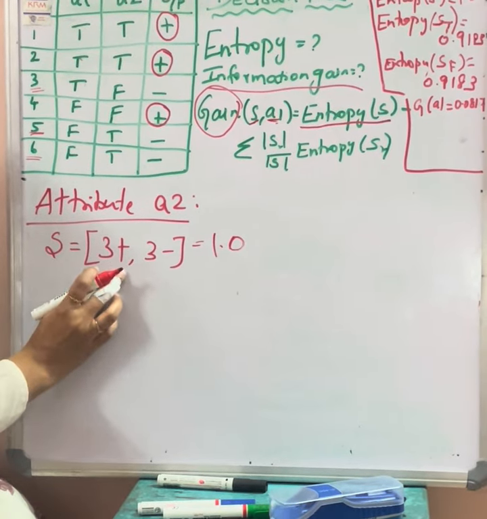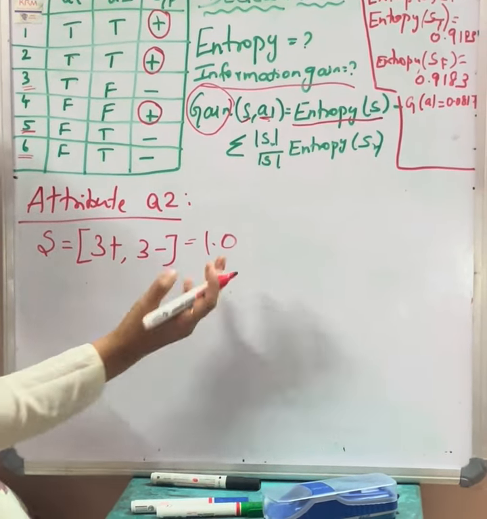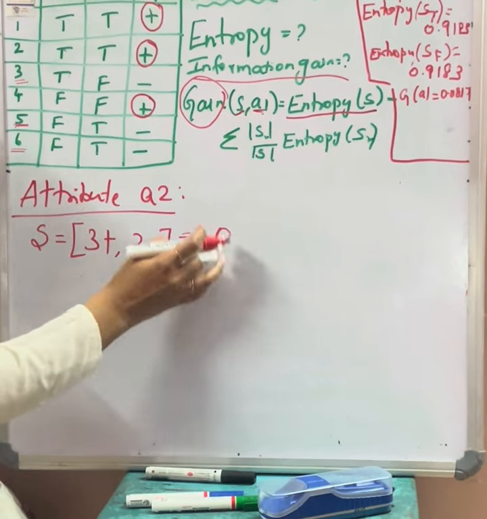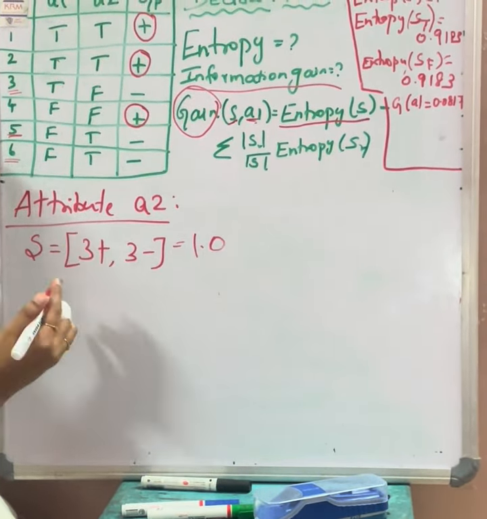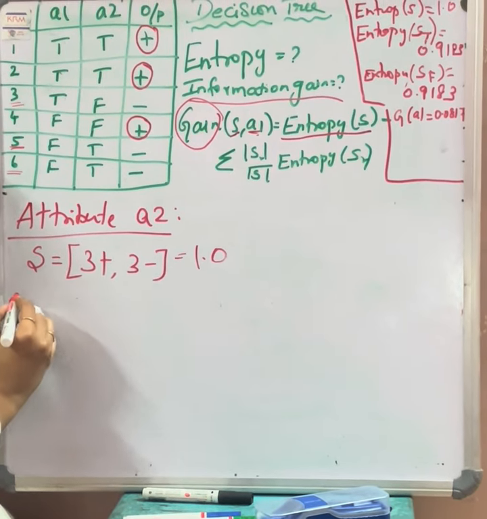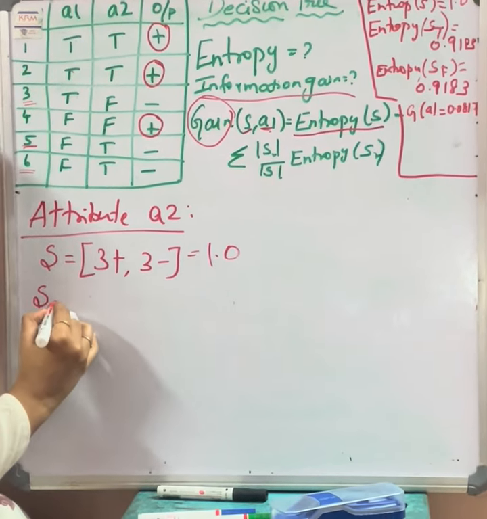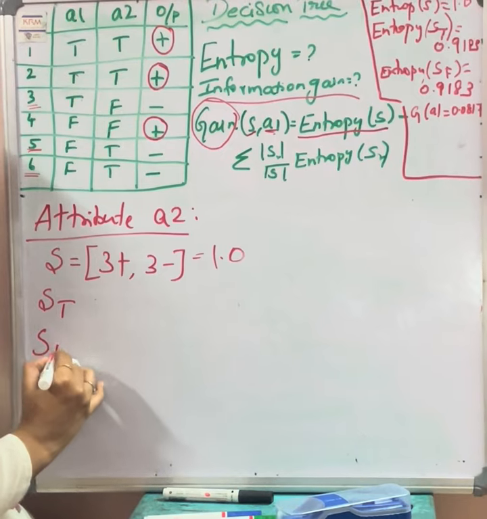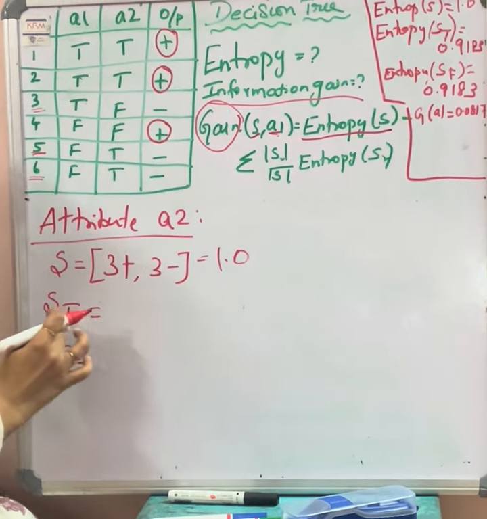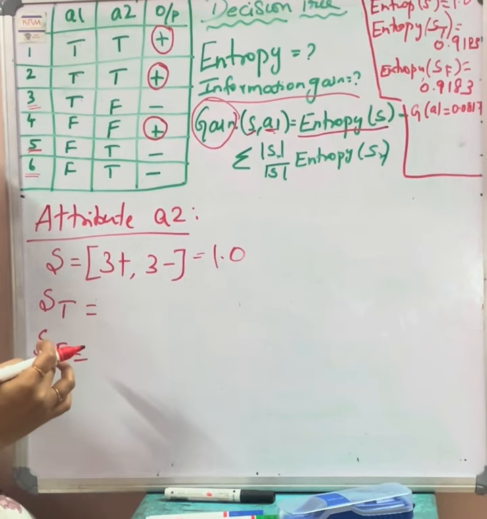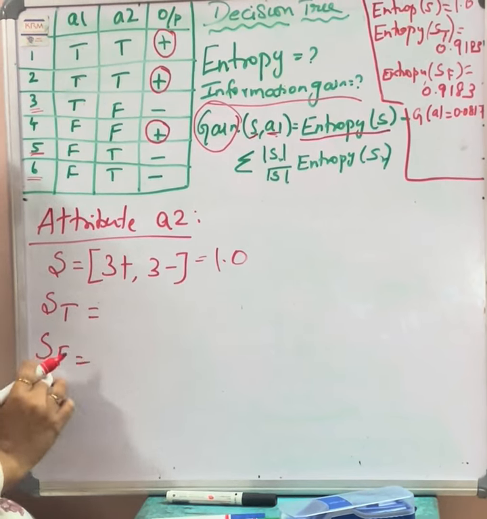If we have only positive or only negative, then obviously you have to give 0.0, or else you have to apply the formula and find the entropy of S. So now we have the values ST and SF. We have 2 different values in A2, true and false, that is ST and SF. Now we have to find the entropy for ST and SF.